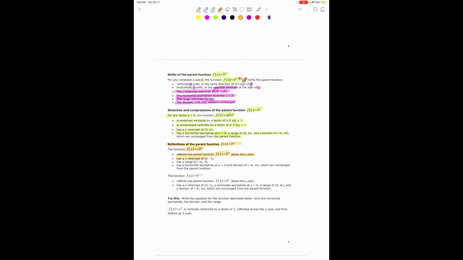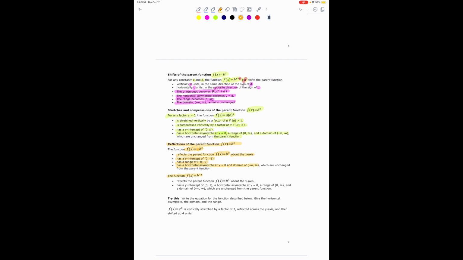The y-intercept is going to become (0, -1). The range is going to shift. It's going to become negative infinity to 0. The horizontal asymptote doesn't change. It's the x-axis, or y equals 0. The domain does not change, which is from negative infinity to positive infinity. Again, these don't change by reflection from the parent functions.